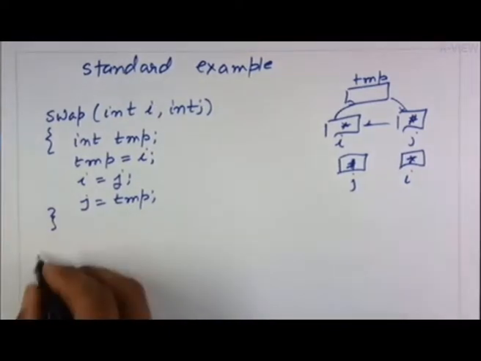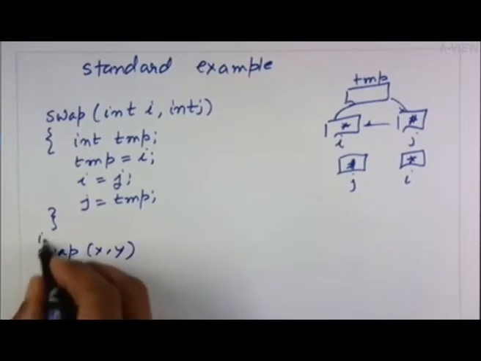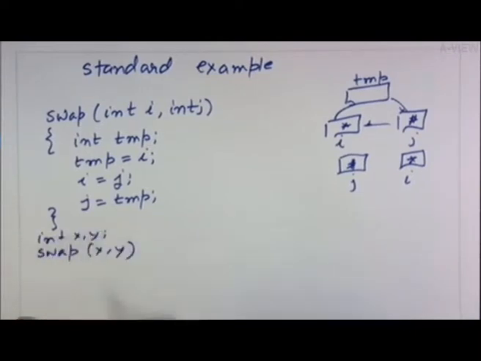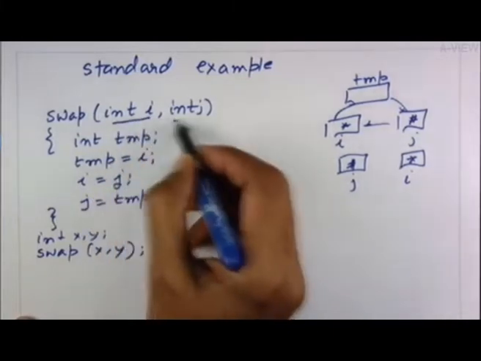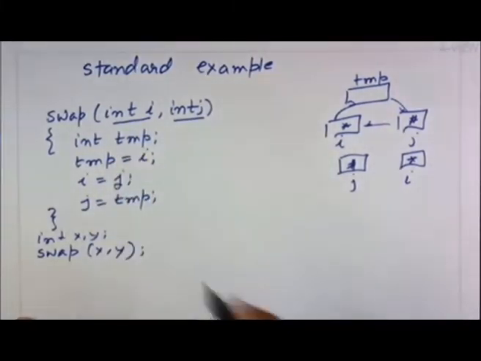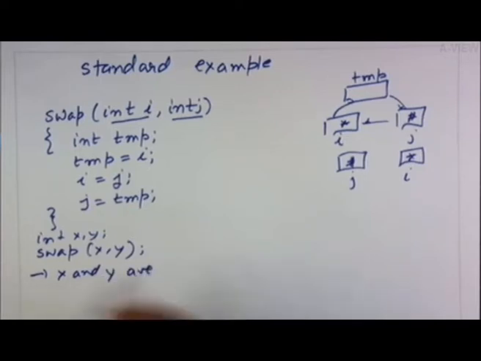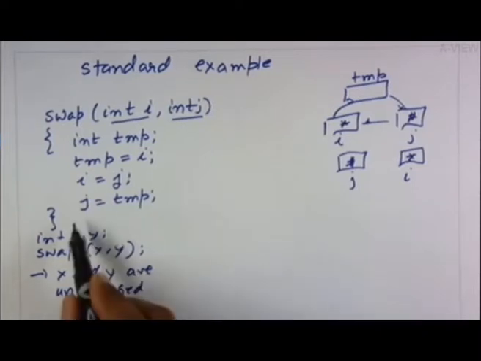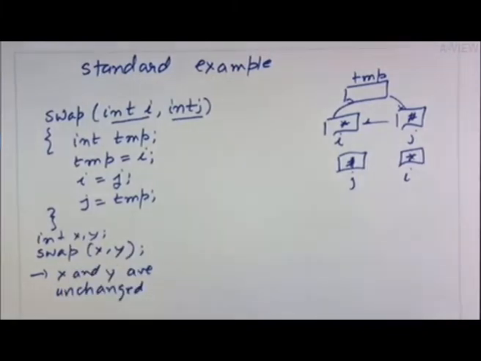So for example, if I call this function with swap x and y in some other calling context where x and y are integers, this will have no effect because only inside you have changed the value of x and y. These parameters do not carry, it's a call by value mechanism. I will not get into details, but basically the values of x and y are unchanged. They have changed only inside the function. If you say cout i j, they are different than I and j. But outside from the caller, there is no change.